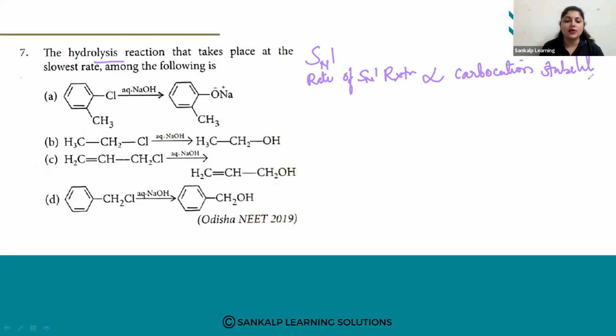If the carbocation is more stable, then the reaction will proceed fast, right? Now we'll see in each reaction. If we take the first reaction, the leaving group is Cl. So I'll write the carbocation formation in each case.